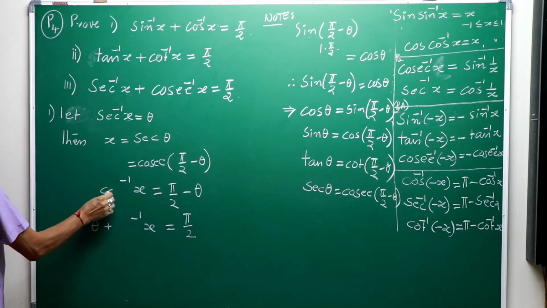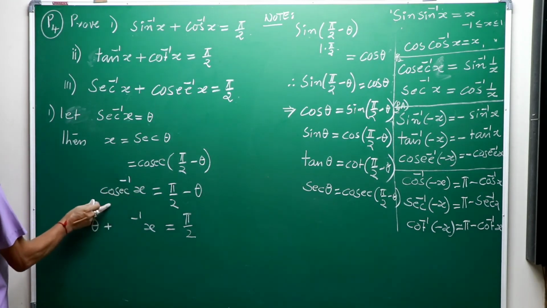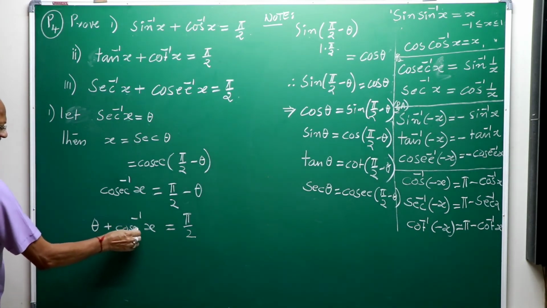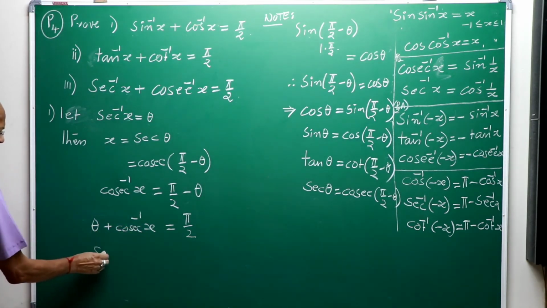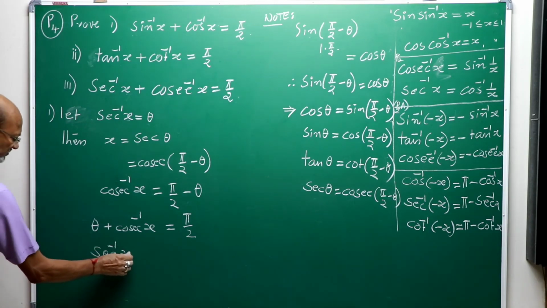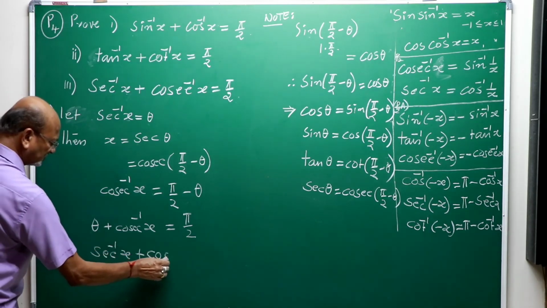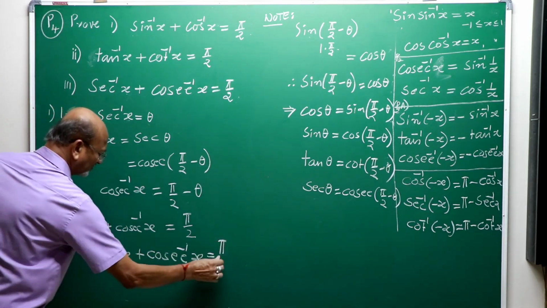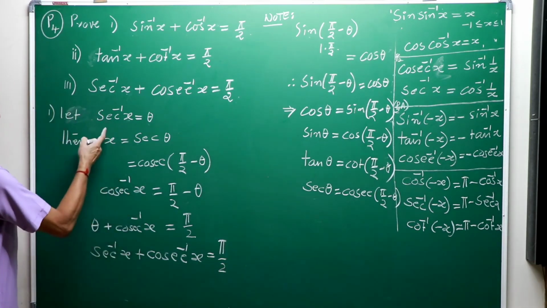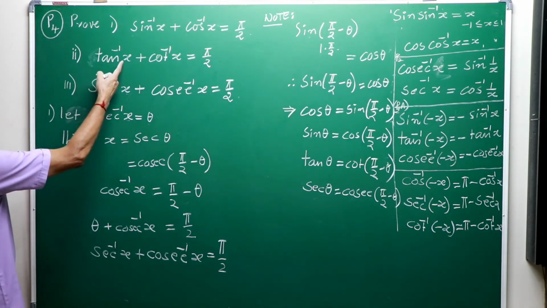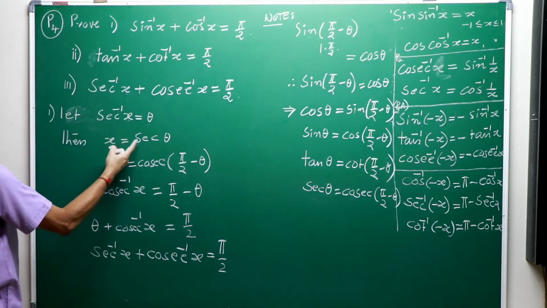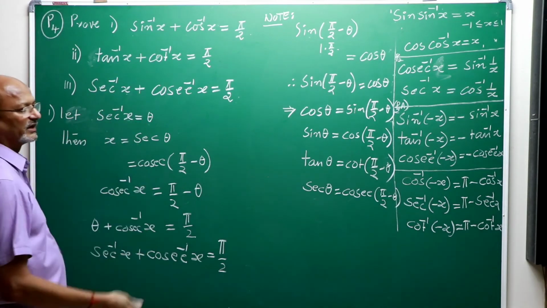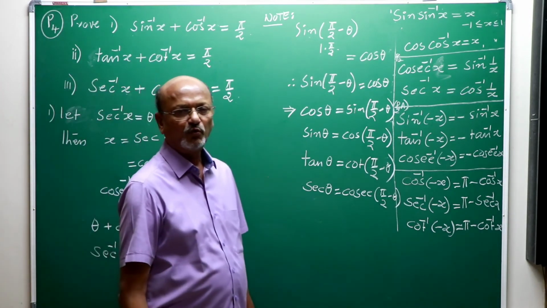Cosec, bring this side. Cosec inverse, minus theta becomes plus. What is the value of this? Sec inverse x plus cosec inverse x is π/2. Put the value of theta. Finish. Yes, my friends, this is the fourth property.